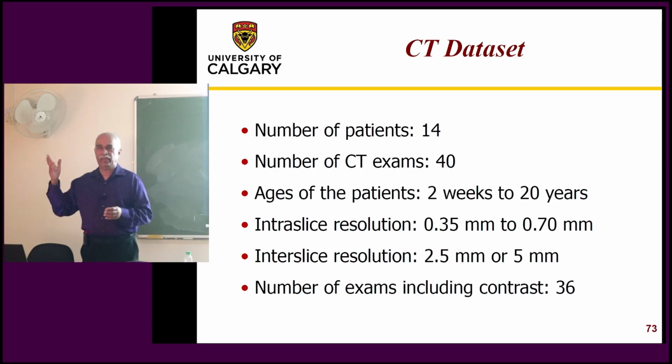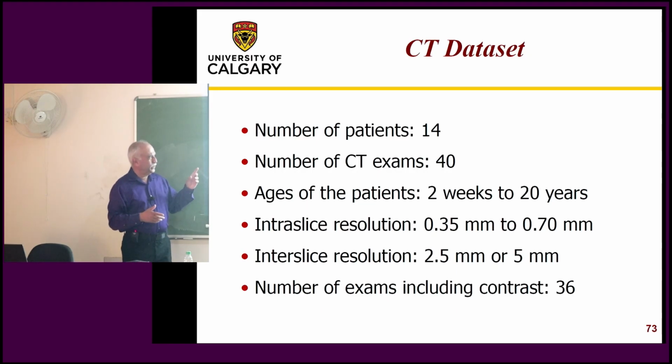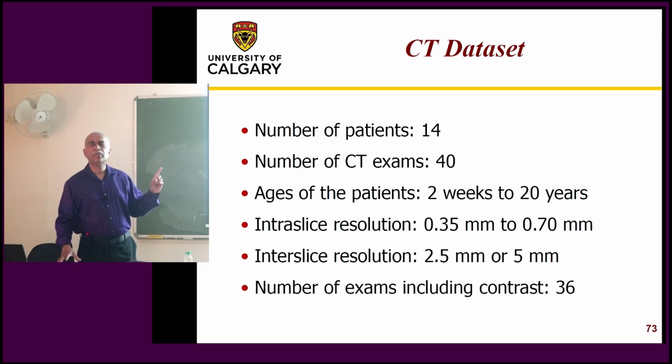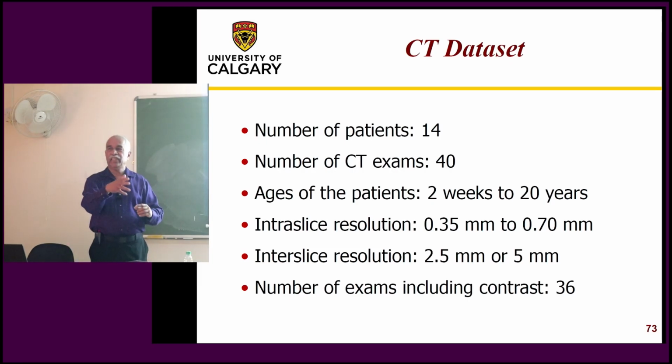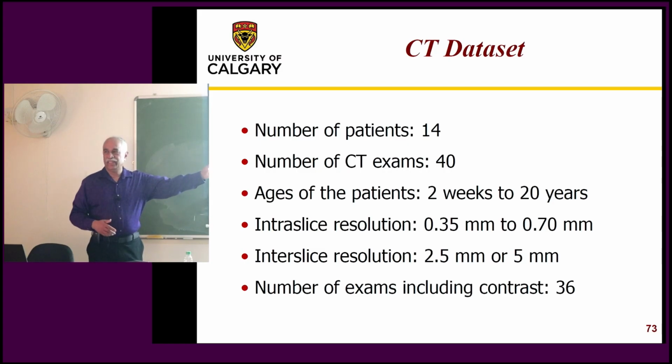After 18, they go to the regular adult hospital known as the Foothills Hospital. But there were 1 or 2 cases, I can't remember, past the age of 18, maybe just one case, because there were patients at the Children's Hospital while being a child, and while they were under the age of 18, they continued in this data set due to follow-up.